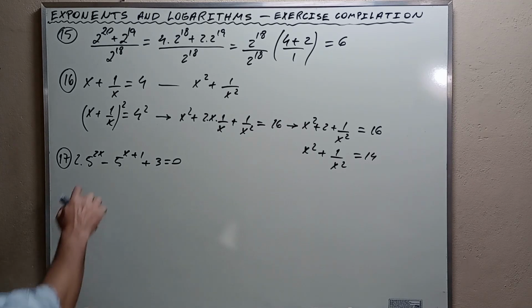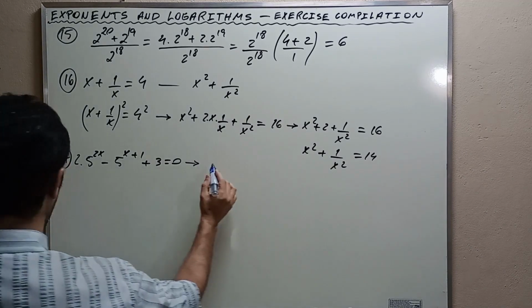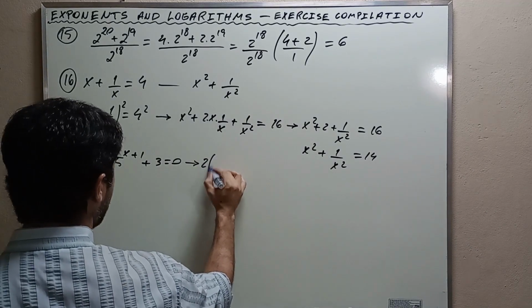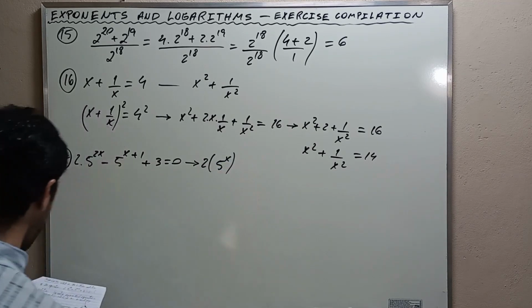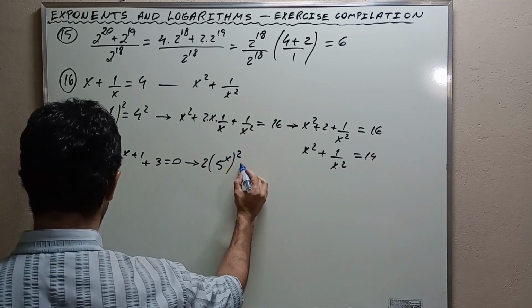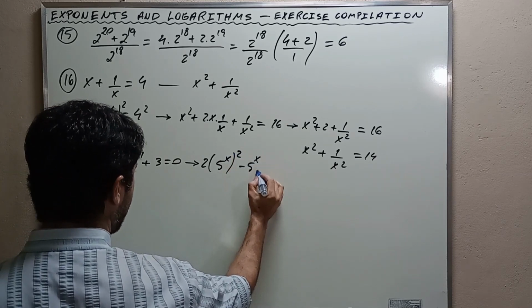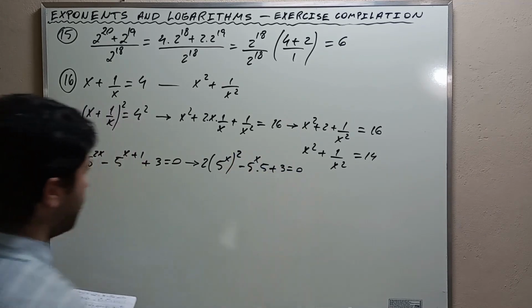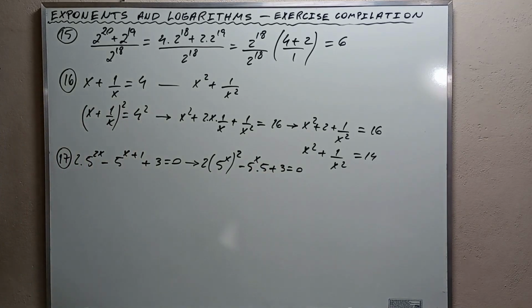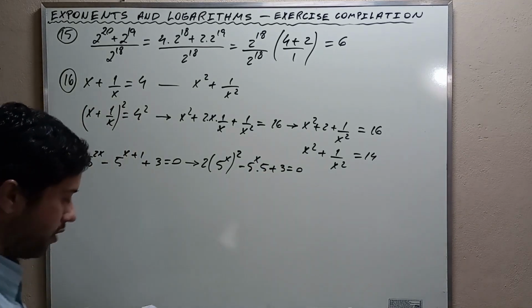Observe that the expression here can be converted to 2 times 5 to the x squared minus 5 to the x times 5 plus 3 equal to 0. And we're going to do the following.